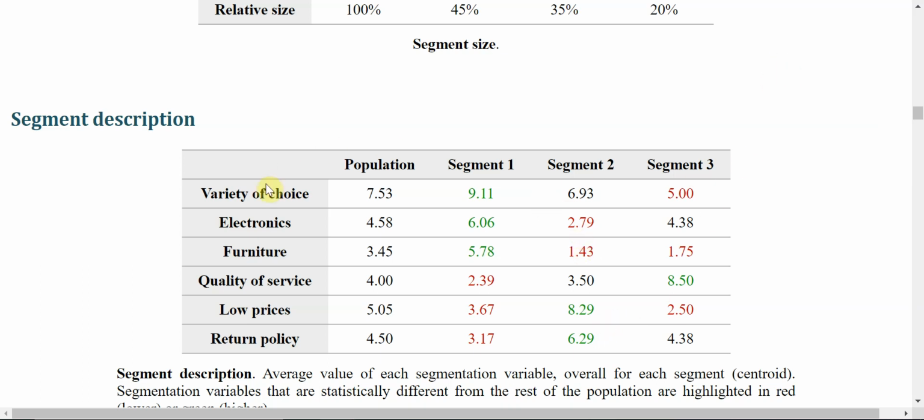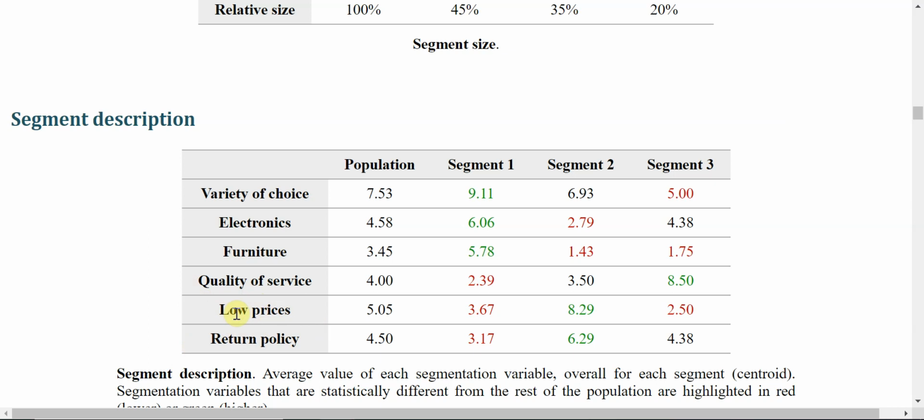Let me give you an example. The company has a competitive advantage on low prices. This is the strength of the company. Then what would be the company's target segment?